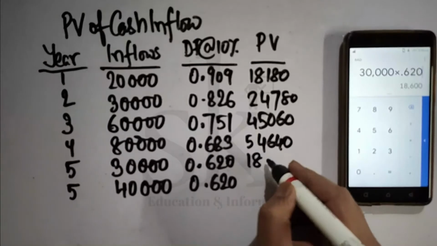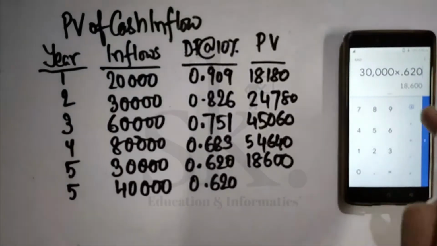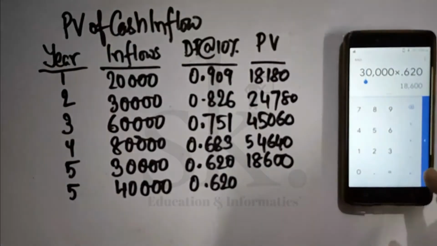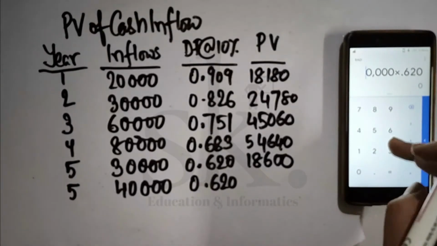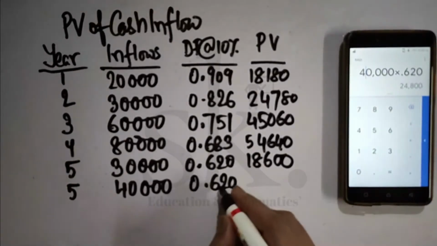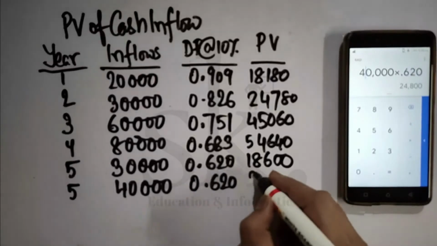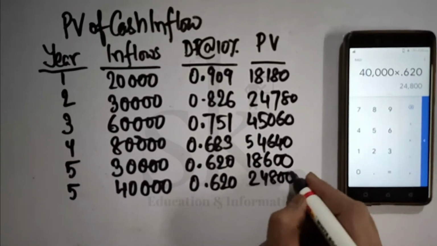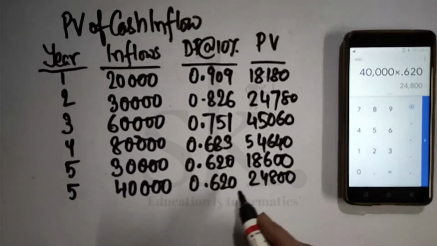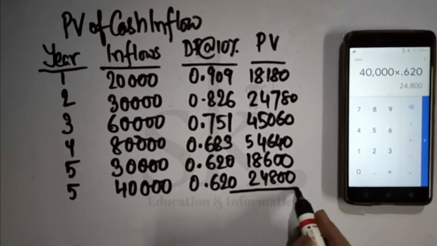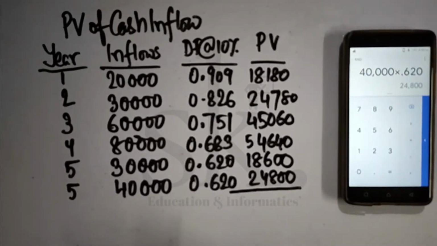So it's 18,600. And for the last year, it's 40,000 as mentioned about the scrap value. So 40,000 into 0.620 remains same. It's coming 24,800.